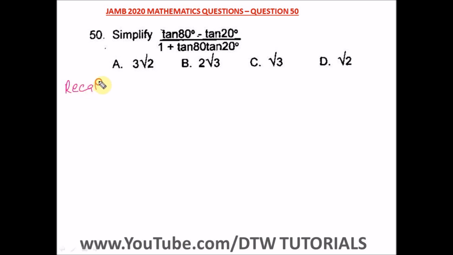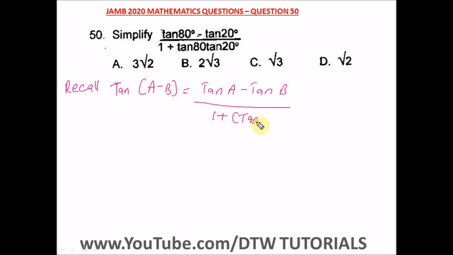So recall that tan(A minus B) is equal to tan A minus tan B over 1 plus tan A tan B. If you recall this from our trig ratios or trigonometry, we remember this vividly.